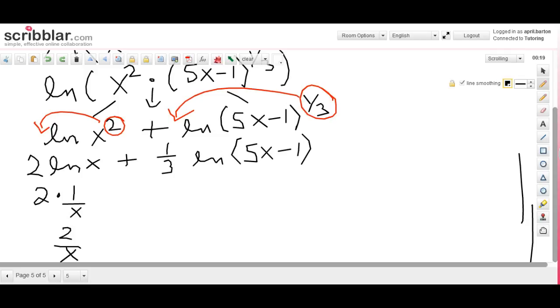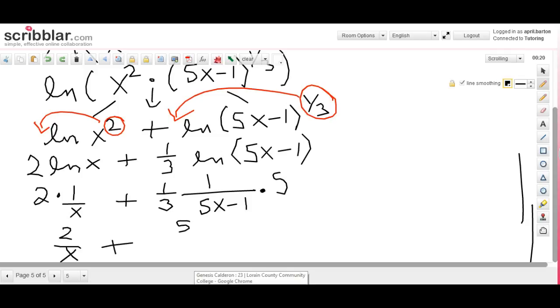If we take the derivative over here, again, 1/3 is a coefficient, so it's going to stay there. We do have to do chain rule this time. Derivative of the outside is 1 over x, but we're going to evaluate at the inside. So evaluate at 5x minus 1 times the derivative of the inside, so times 5.